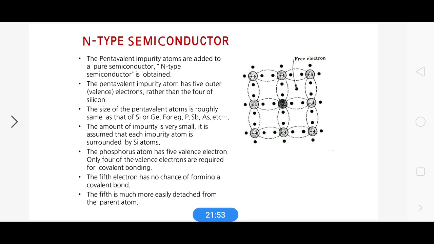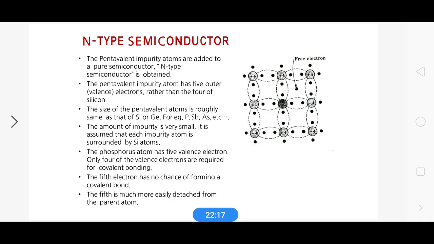You can see the figure here. The center circled atom is the phosphorus and it is surrounded by silicon atoms. Only 4 electrons bond with the outermost electrons of the neighboring silicon atoms.